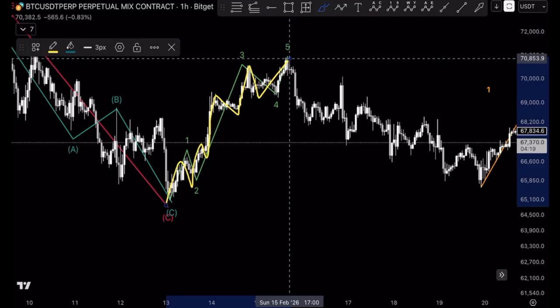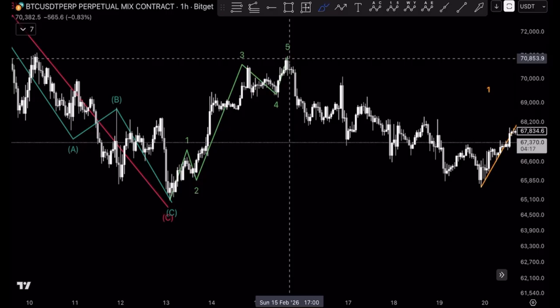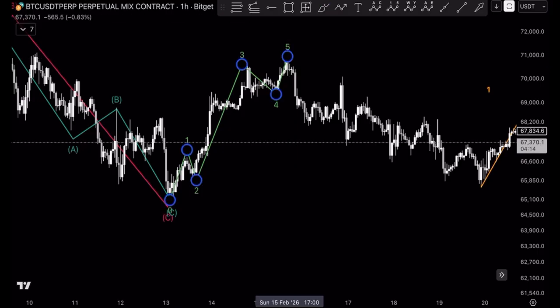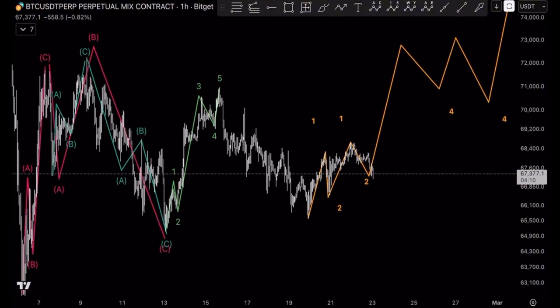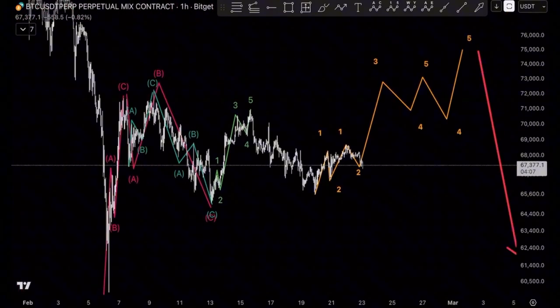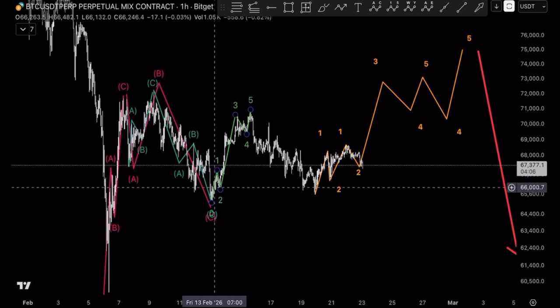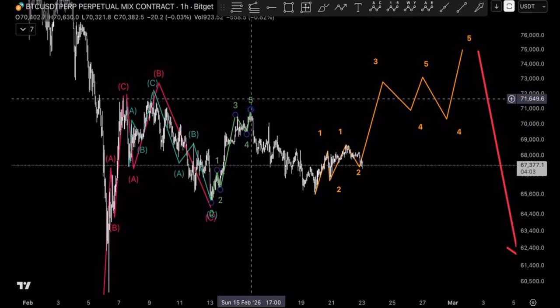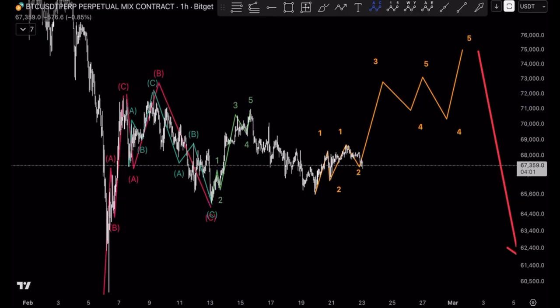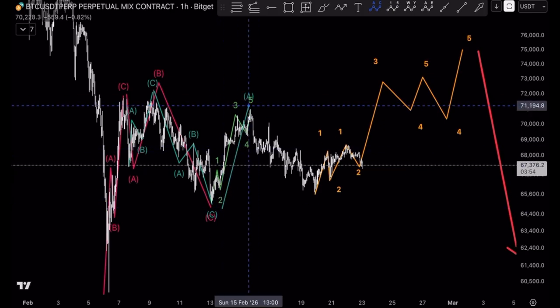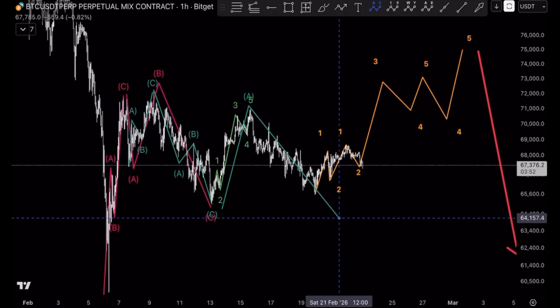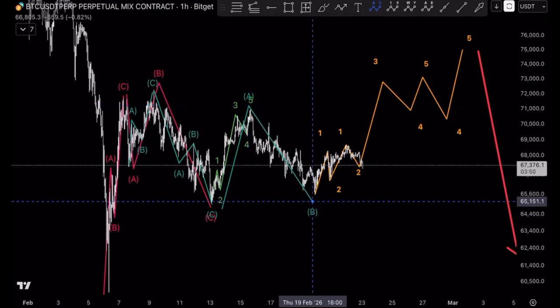So let me delete this yellow part here, and let's continue. Since we have already drawn this 1, 2, 3, 4, 5 to the upside, I consider this to be an A. From here down, this move is an A. And this is going to be the B, the move downside.